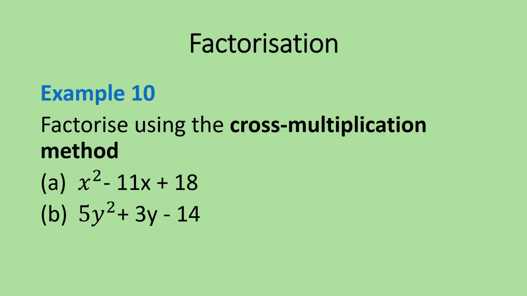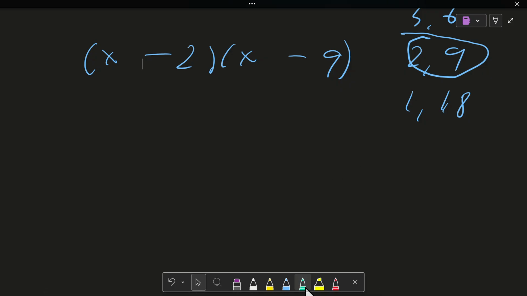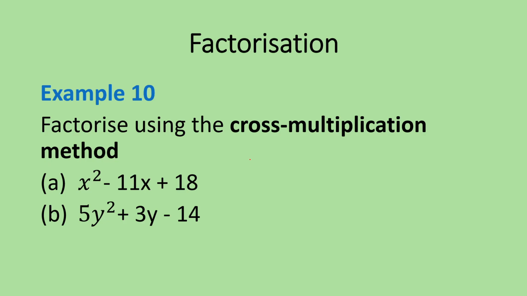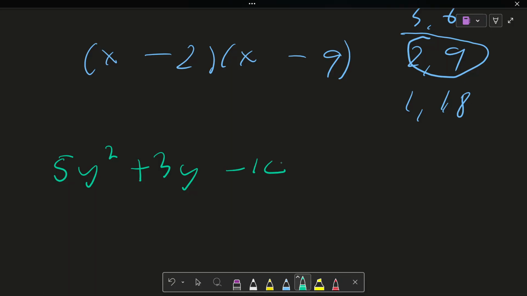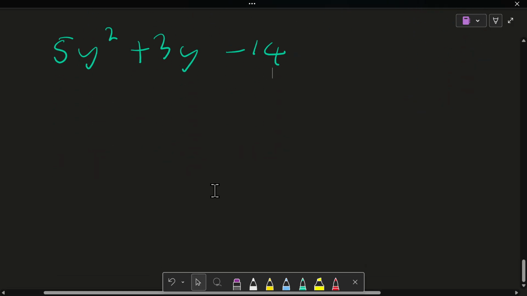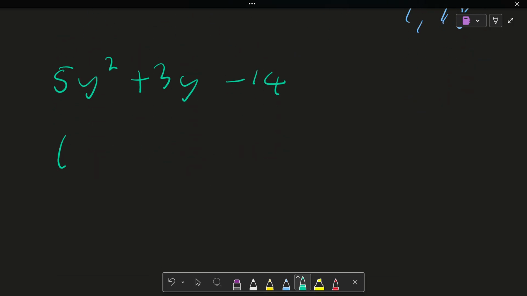For example, 5y squared plus 3y minus 14. Okay, let's see. In this case, we have to split this like this: 5y and y.